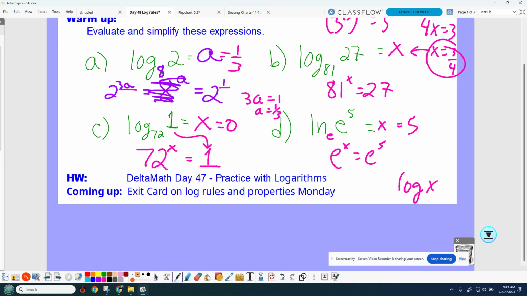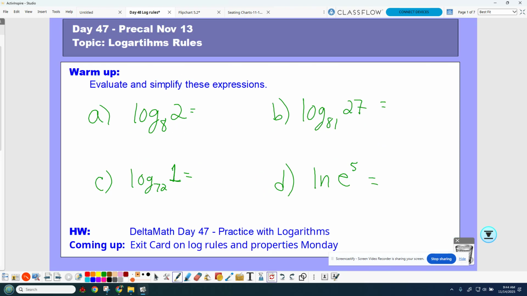Okay, so again, homework's tonight on Delta Math to practice the logs. Yes? Couldn't you also just cancel out the e's? Okay. So yesterday we did problems like 12 to the log base 12.